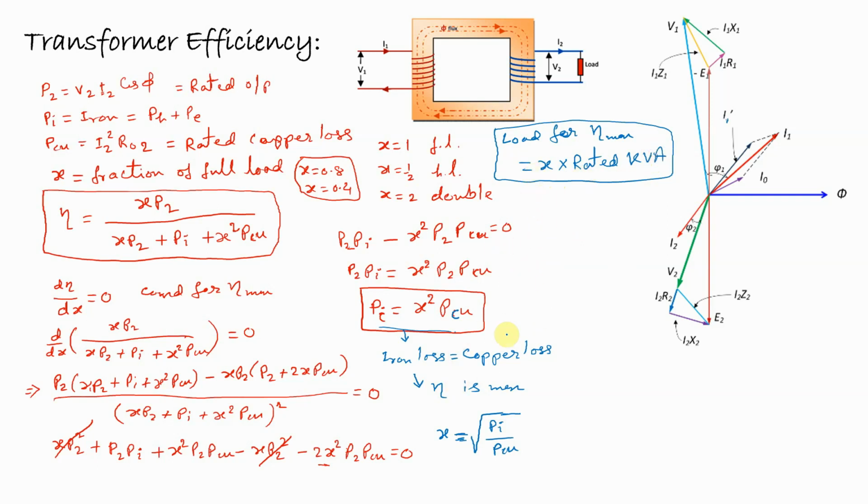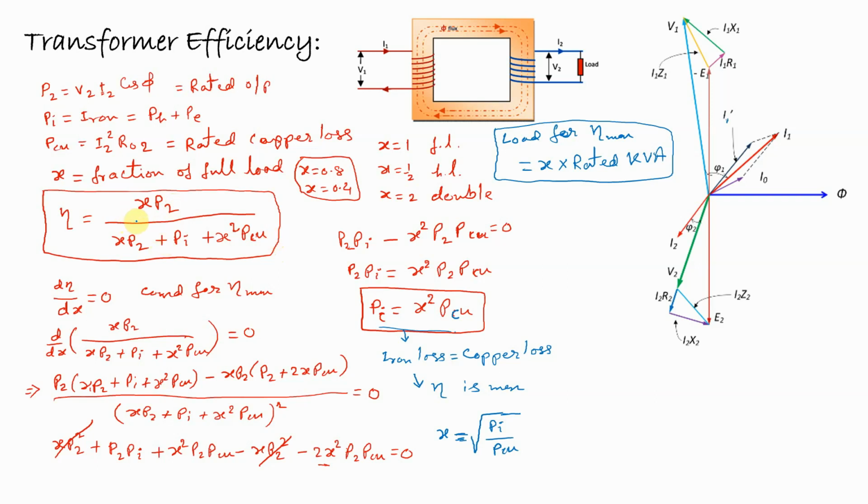So from this relation we can say that when the current is 0, the efficiency will also be 0, because current 0 means the output power will be 0. As the current gradually increases, the output power increases, and the copper losses also increase. Therefore, the efficiency will also increase gradually.